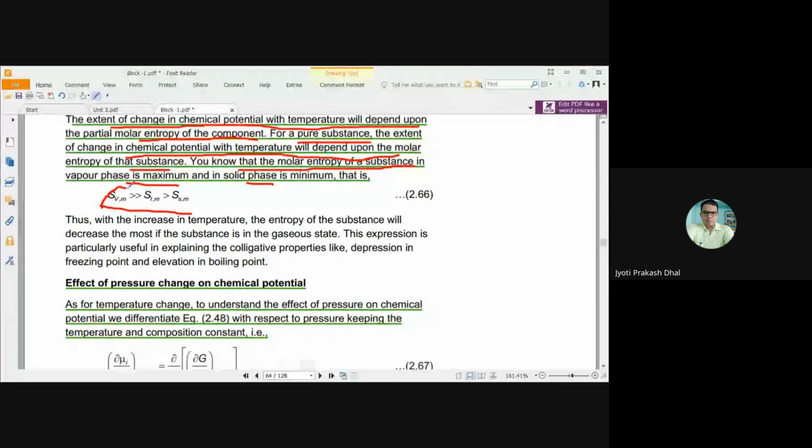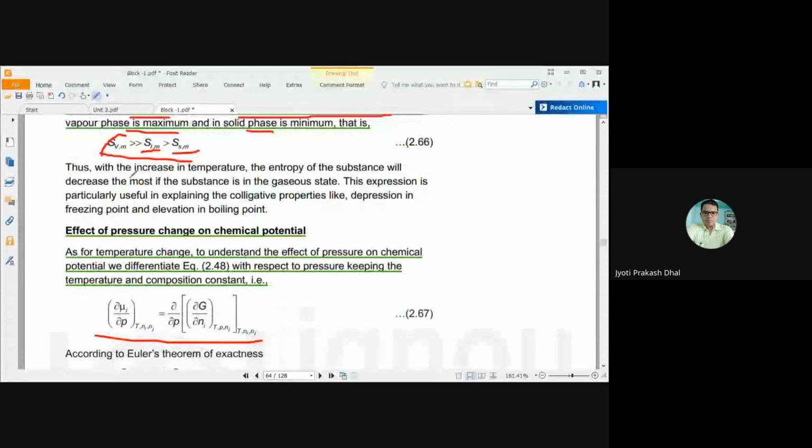That is, S(v,m) is greater than S(l,m), the molar entropy in the liquid phase, which is also greater than the molar entropy in the solid phase. So with increase in temperature, the chemical potential of the substance will decrease the most if the substance is in the gaseous state. This expression is particularly useful in explaining colligative properties like depression in freezing point and elevation in boiling point.